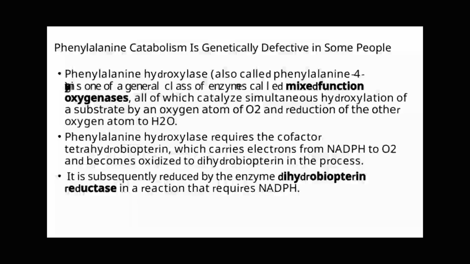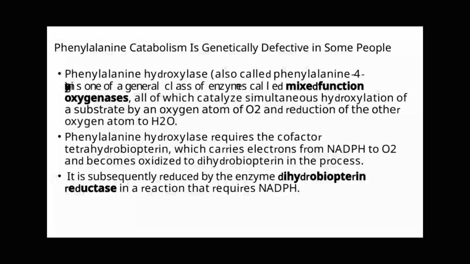It's important to understand that in some people, this pathway is genetically defective. When that happens, phenylalanine isn't properly broken down, which can lead to metabolic issues like phenylketonuria. So this slide really highlights how the precise function of enzymes like phenylalanine hydroxylase is vital not just for normal metabolism, but also for overall health.